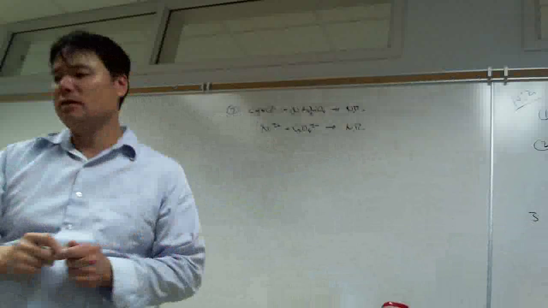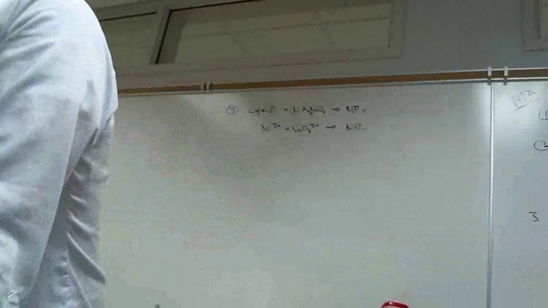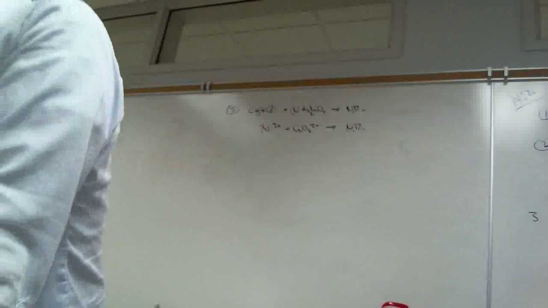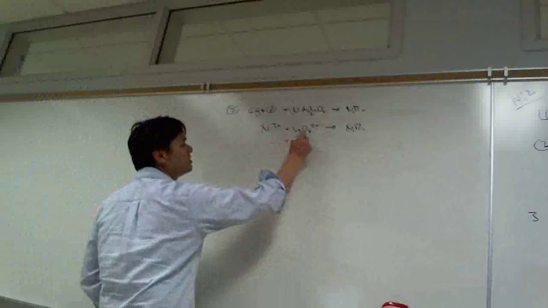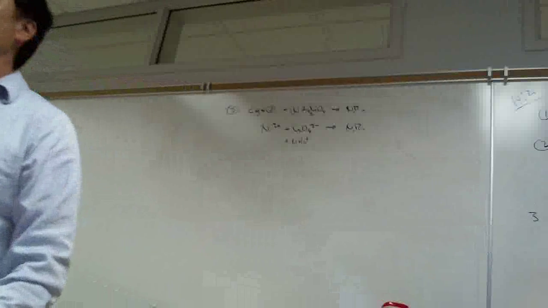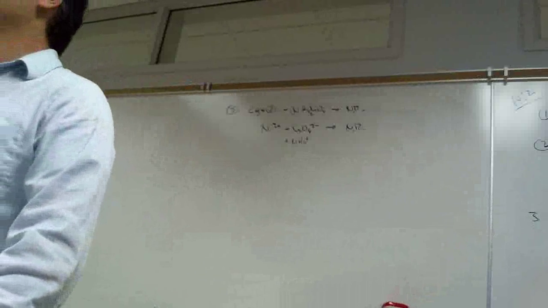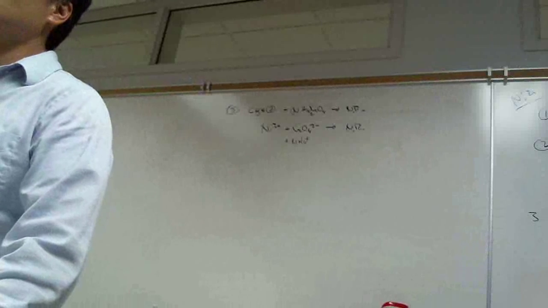Nickel 2 plus and ammonium aren't going to react either. Next, actually I should do that because ammonium, we always have to worry about ammonium because you know what ammonium is? Usually you don't think of cations being attracted to cations, right? But ammonium is a special cation because ammonium is a pretty good reducing agent.